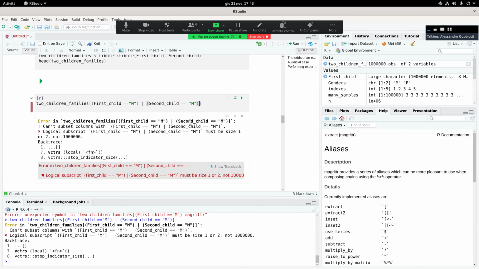This gives you a vector of, okay, I guess I need to use this notation here.